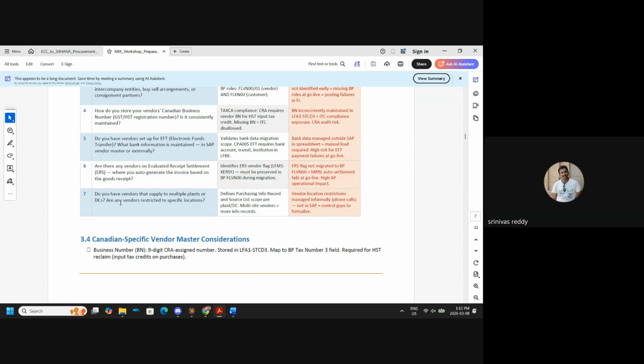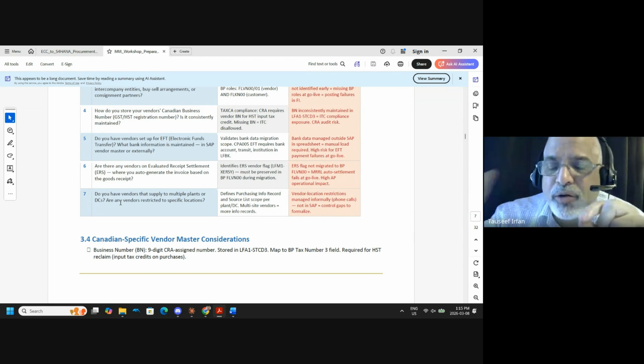If I create at the company code level, I am going to use it for all the plants of that company code. If I create only at plant level, I am going to use it only at that plant level. Exactly. Only that plant can purchase from that vendor, and other plants cannot purchase from that vendor.